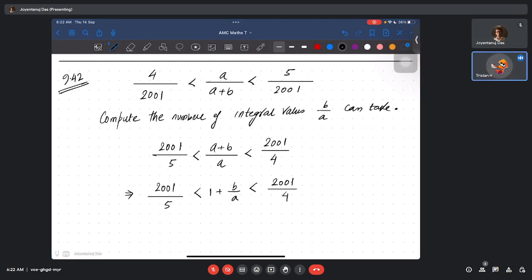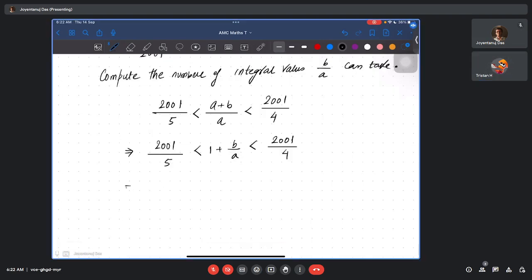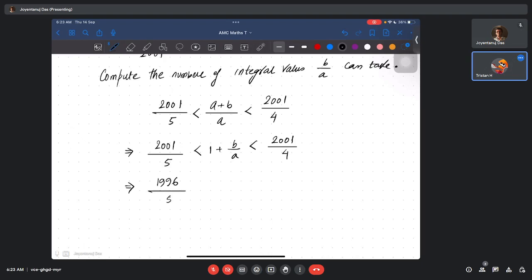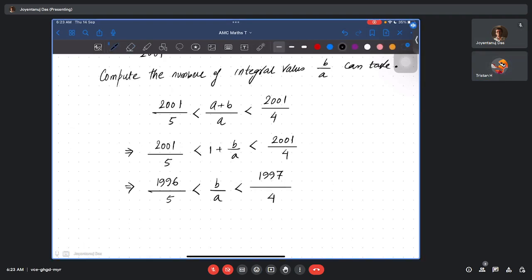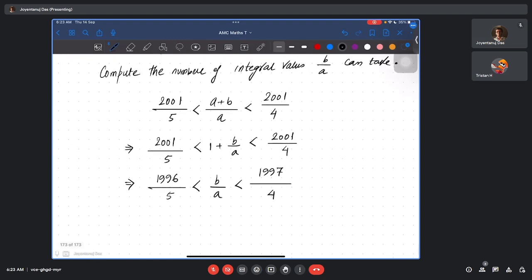Oh, okay. Yes, I see. Right. So what you get if I subtract one? You get 1996 over 5 less than b over a, and then less than 1997 over 4. Right. So now what are the integral values that we can take?